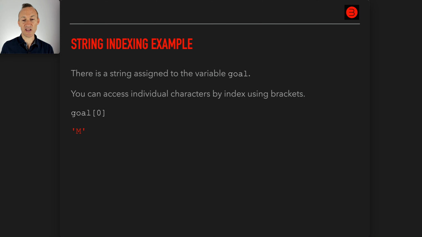In this case, it's an M. Similarly, goal 1 will give the second character, okay? It's not really the first, but it has index of 1, and that is an A. And finally, the third character assigned to the variable goal, you can access with the bracket 2, and goal of 2 will give you a C. So MAC, M-A-C are the first 3 letters or characters of the variable goal.